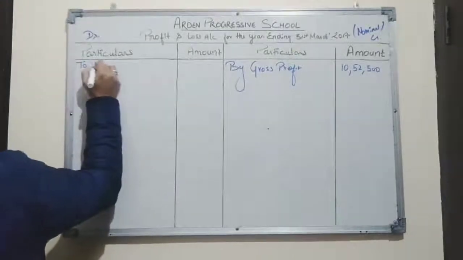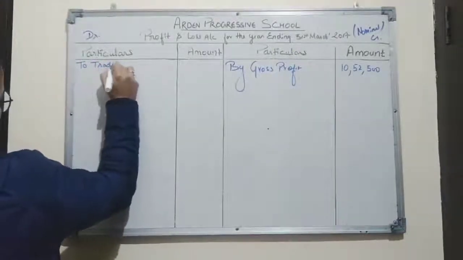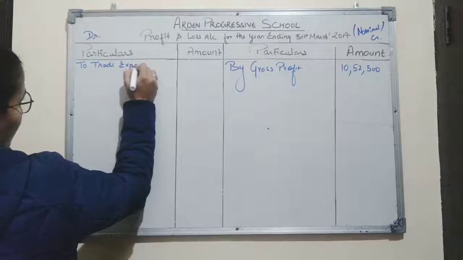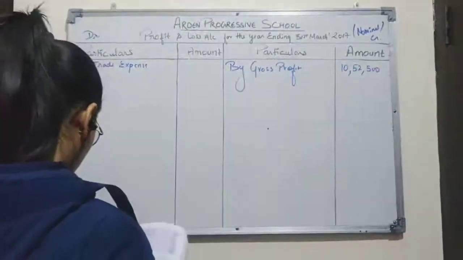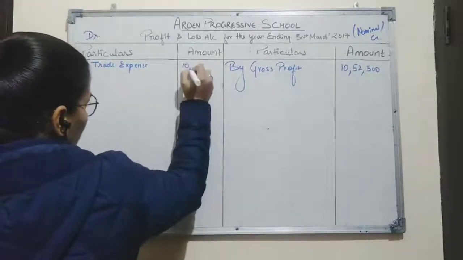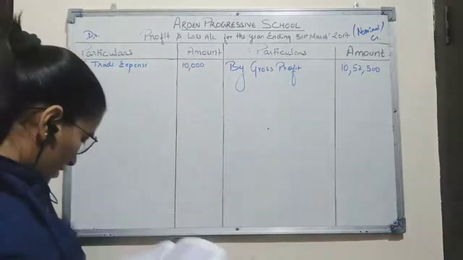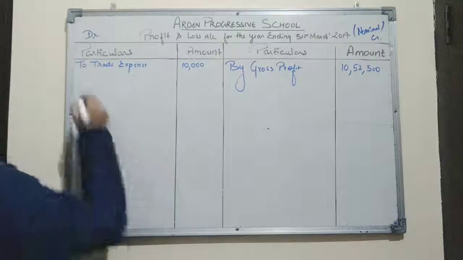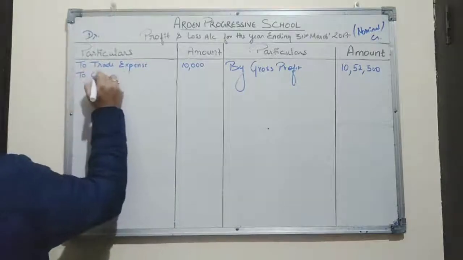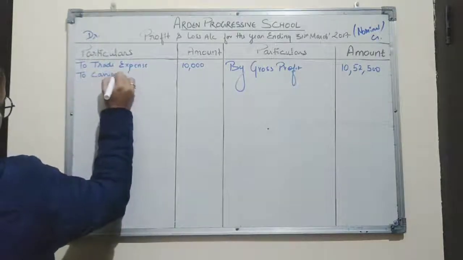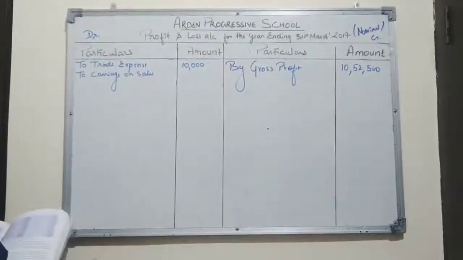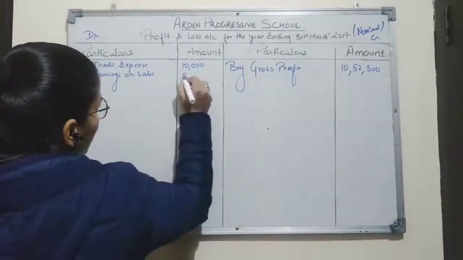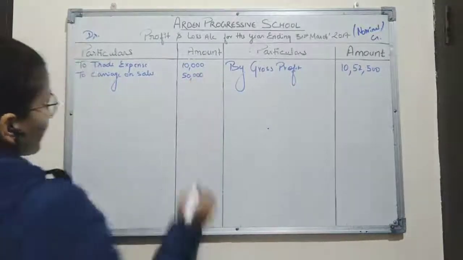Next is trade expenses. To trade expenses. As it is an expense, so we will record it on debit side. Amount is rupees 10,000. Then carriage on sales. This is also an expense. Carriage on sales. Amount is rupees 50,000.